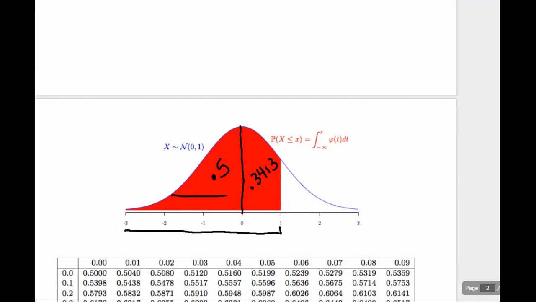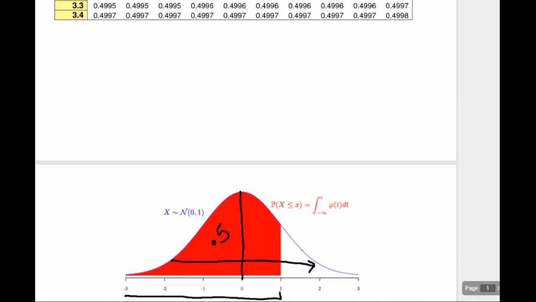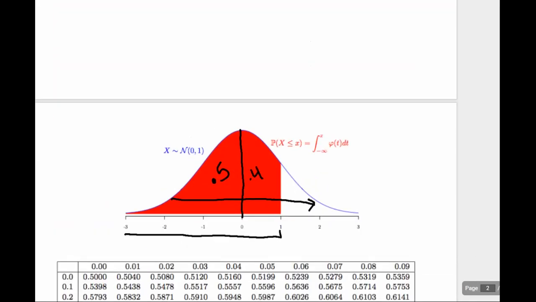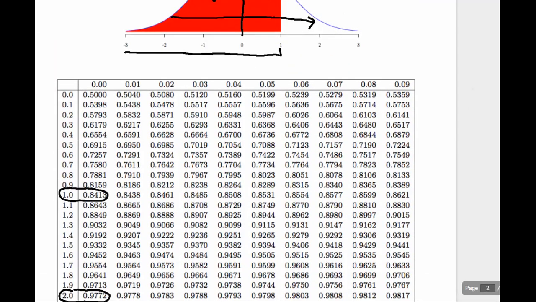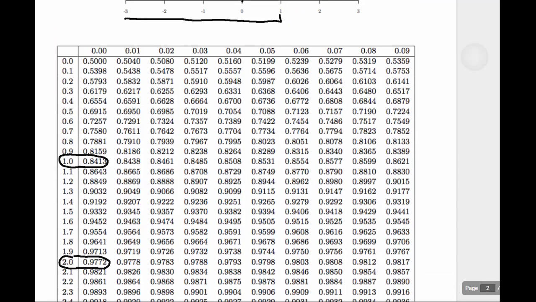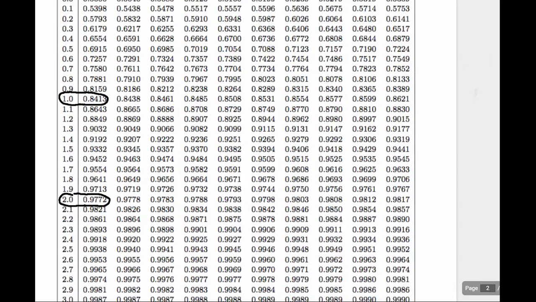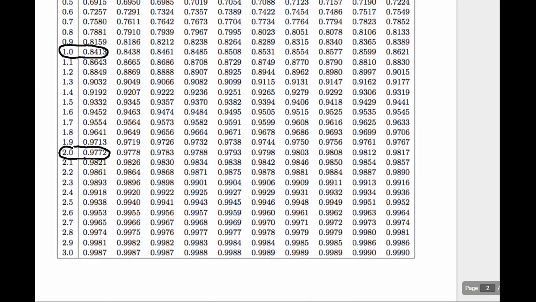I'm going from here to 2. And so I have my 0.5 plus my 0.4772, and that's giving us the 0.9772. Okay. So I'm just showing you this so you understand the numbers when you see them.